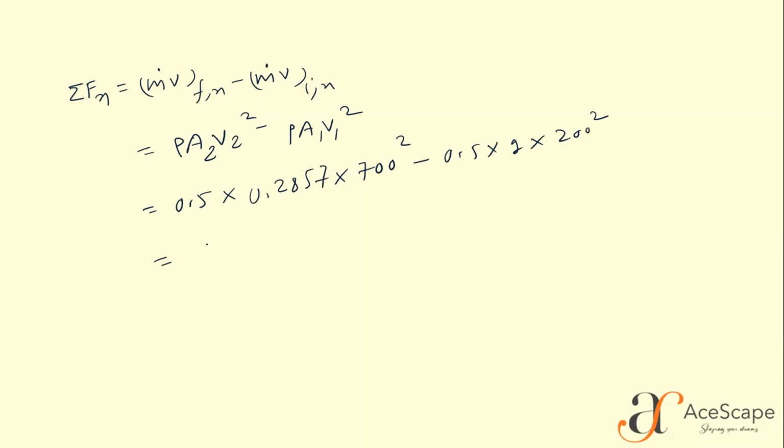Do this calculation. Let me do this calculation. 0.2857 into 700. I think this is 49996.